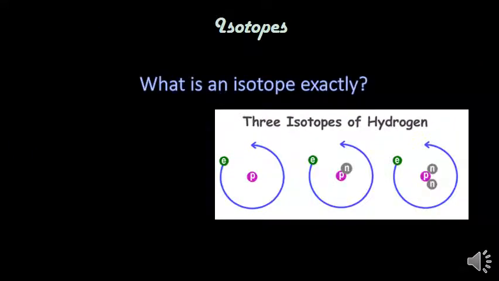So an isotope exactly? Well, let's take a look at hydrogen. These guys all have the same number of protons. Take a look. 3 isotopes of hydrogen have 1 proton there, 1 proton there, and 1 proton there. But these guys have different numbers of neutrons.